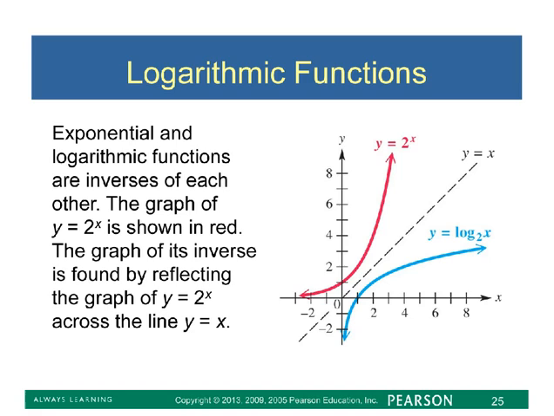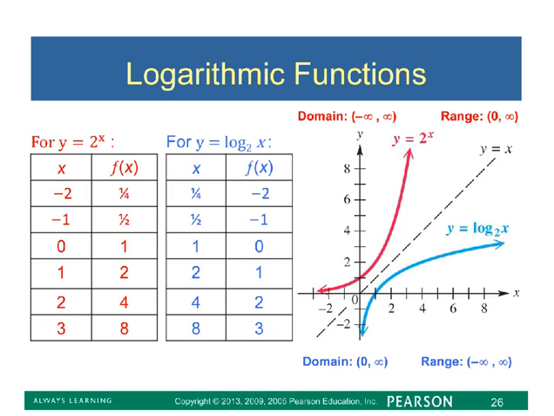So it reflects across... all inverse functions reflect each other across the line y equals x. So that's another way of looking at it. Taking a little closer look at points on each of these graphs: here are x values in our function y equals 2 to the x, and these are all of our y values for them.